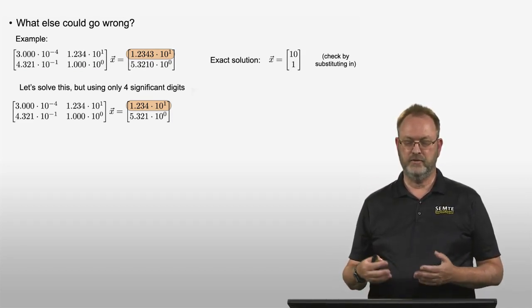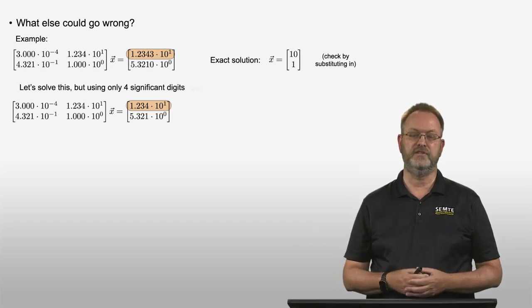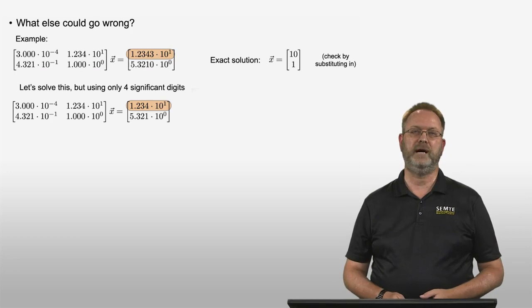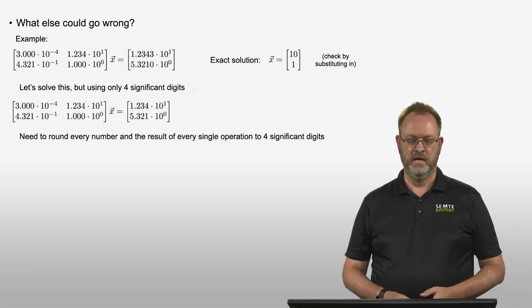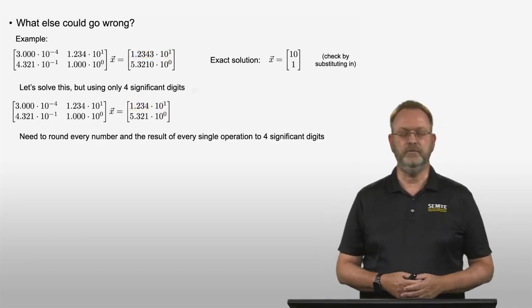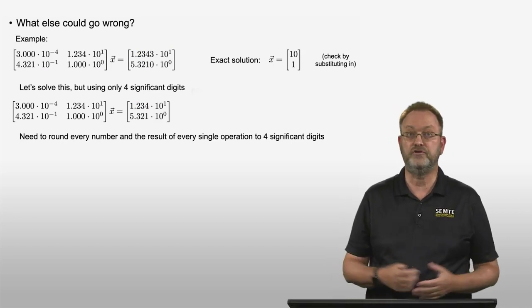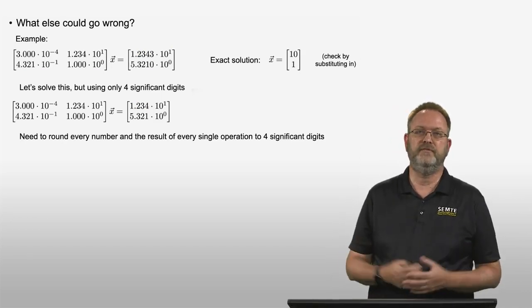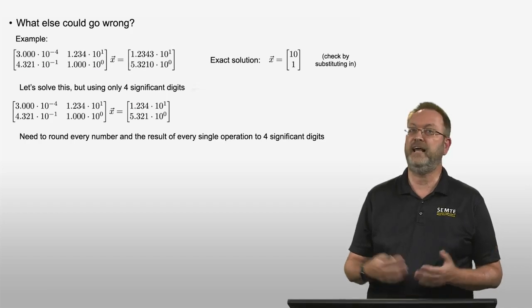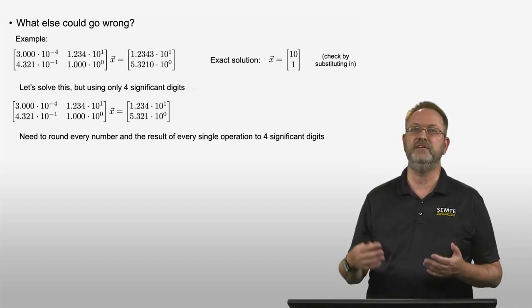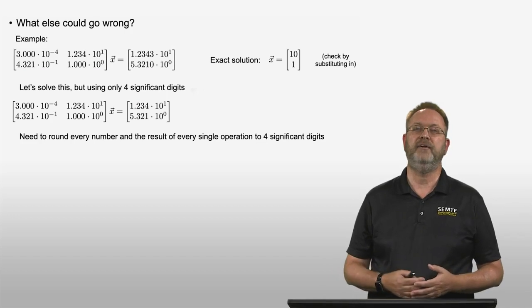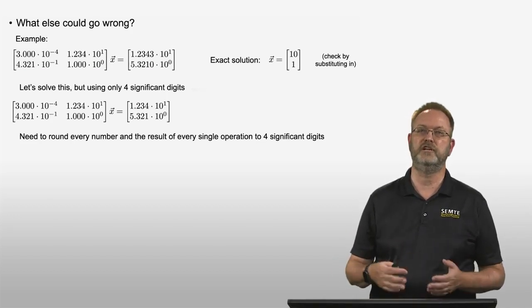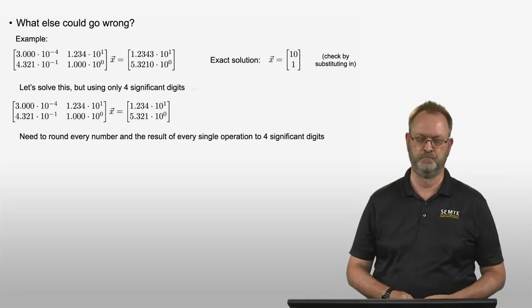I'm going to round this to 4 significant digits, making it 1.234 times 10 to the power 1. Now I'm going to solve this using the Gauss-Jordan algorithm. With 4 significant digits, after every single operation I will have to round the result of that operation to just 4 significant digits.